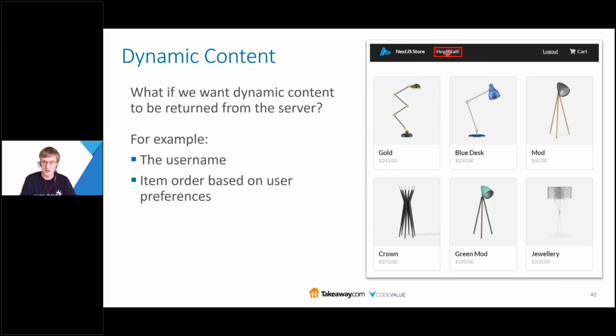So if I navigate to this page, for example, I will see the more expensive things at top because my server contacted some third-party service, and it inferred that I like to buy expensive stuff. Okay, so I want to show the expensive stuff first.